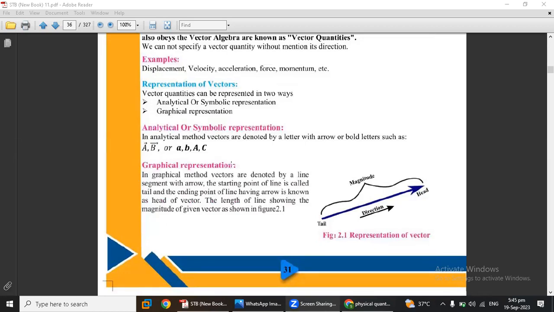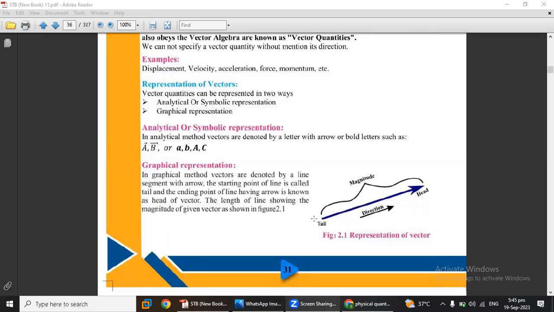A graphical representation is done on a graph when we have to properly make a diagram of a vector, because in that we show the direction as well as the magnitude, and by considering both direction and magnitude, we make a graphical representation of that vector. That is the graphical representation.